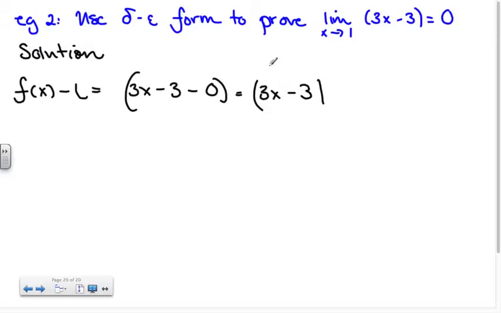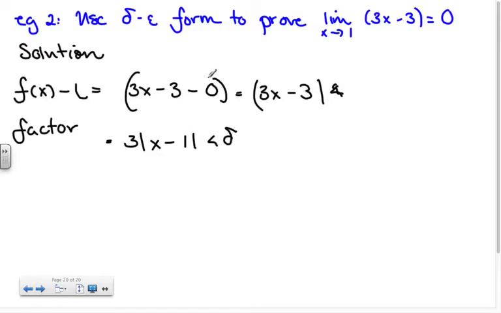Now I see that the 3 is in common, so I want to factor out the 3. So this becomes 3 times the absolute value of x minus 1, less than delta. Once again, this is x minus our c, which is 1, and that's why we make it less than delta.